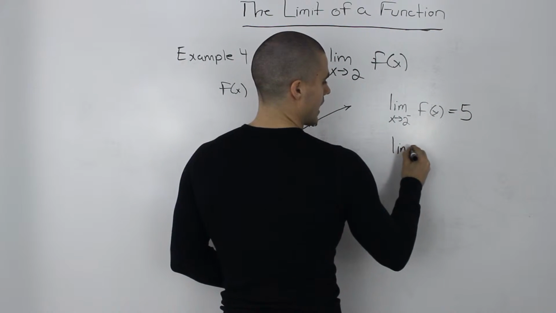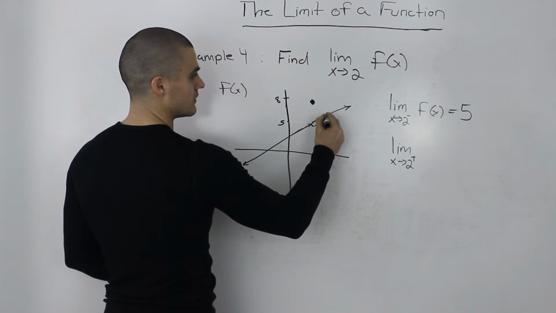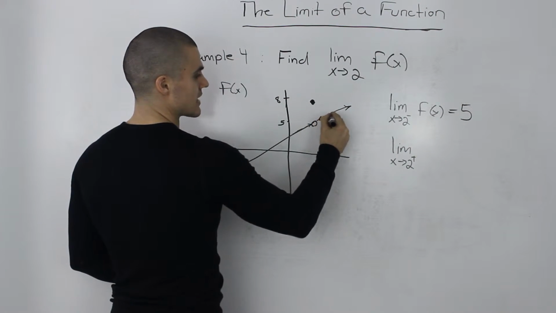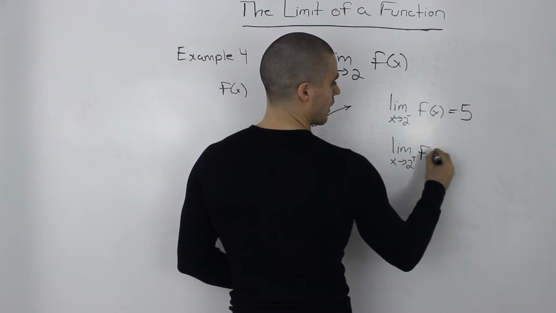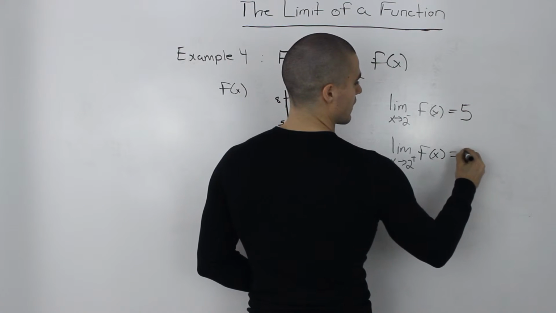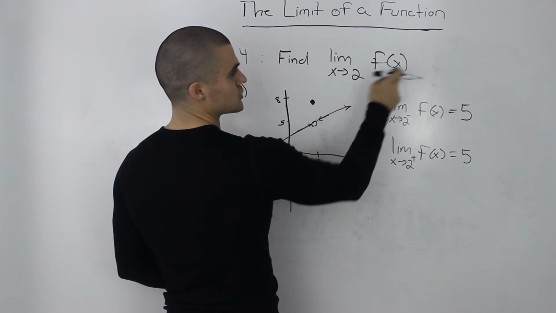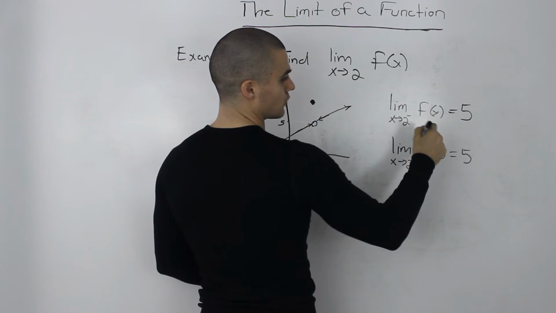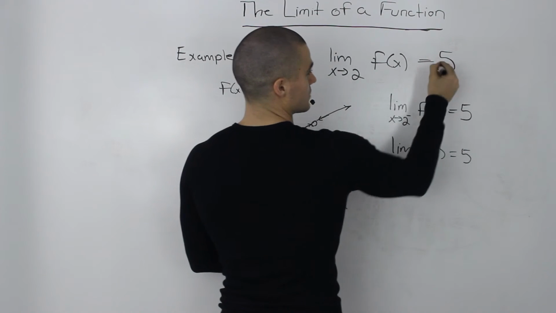The limit as x approaches 2 from the positive side, so as x is approaching 2 from the positive side, the y value of f of x is also approaching 5. And therefore, the limit as x approaches 2 of f of x, the general limit, since it's approaching the same value from both sides, is also equal to 5.